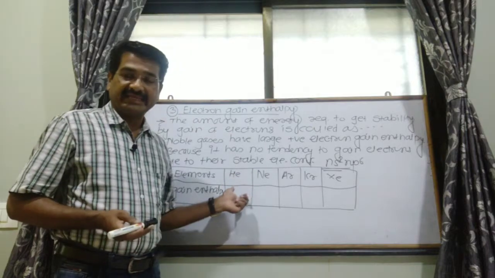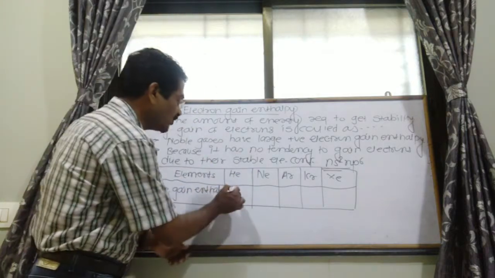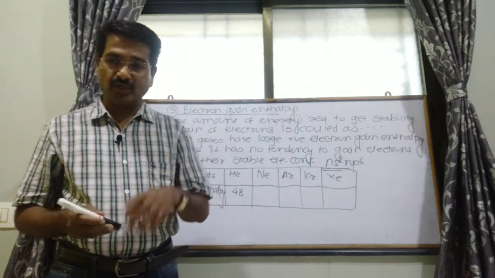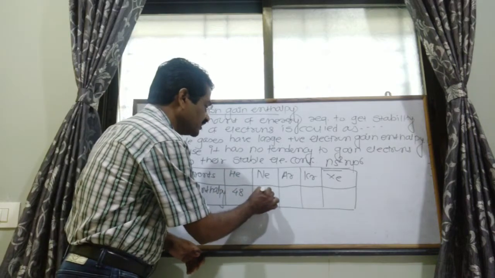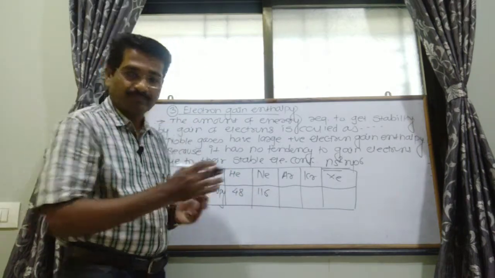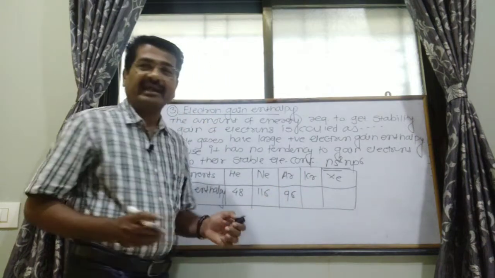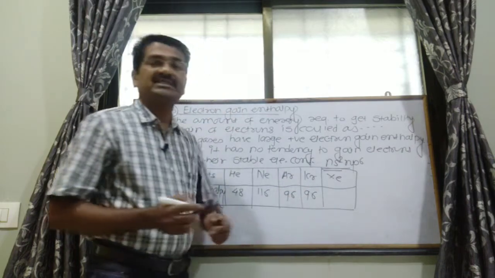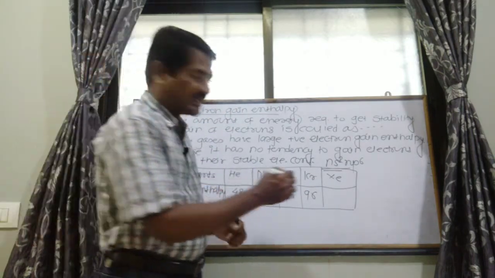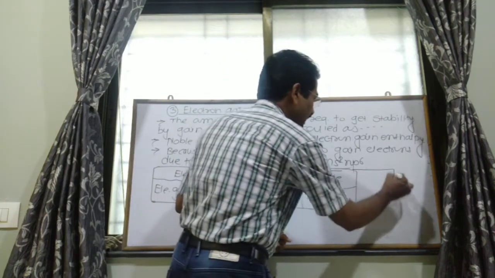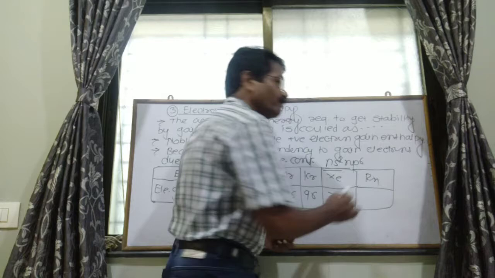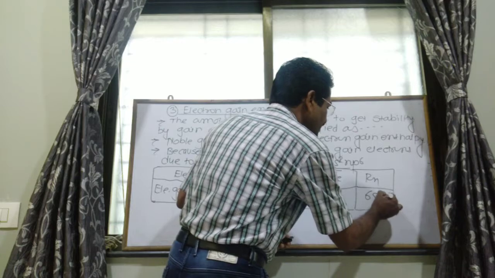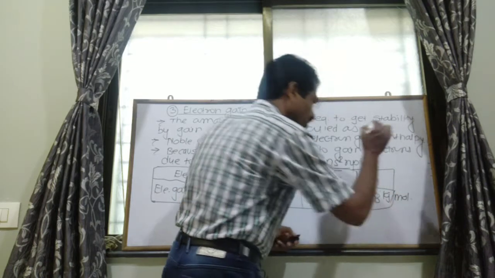What is the electron gain enthalpy of helium? That is 48 kilojoule per mole. Neon has 116 kilojoule. Then argon has 96 kilojoule. Krypton also shows 96 kilojoule. Then 77, and last is radon, which shows 68 kilojoule per mole.